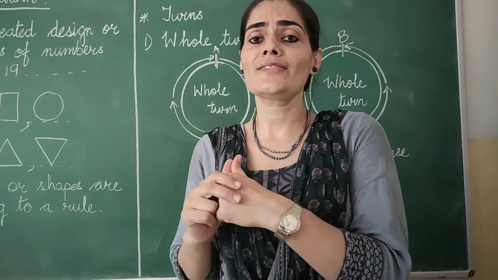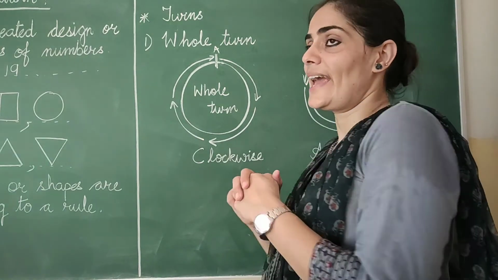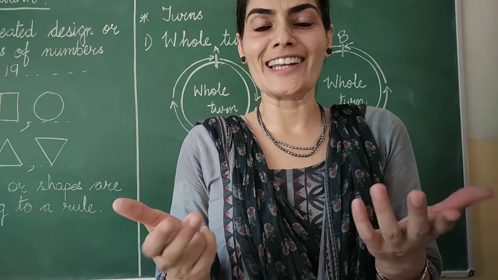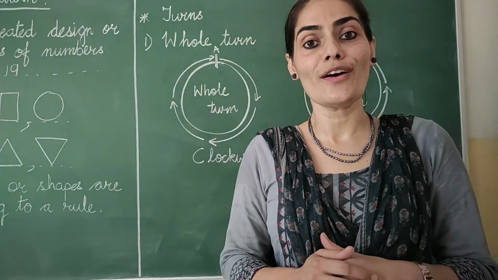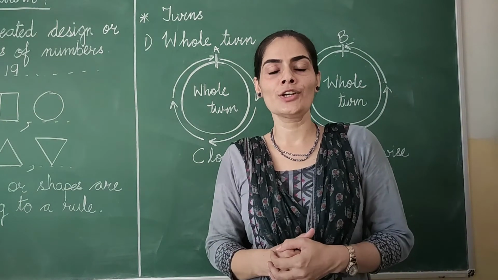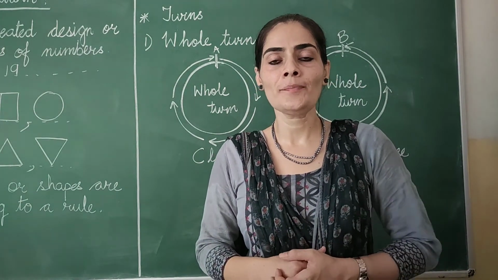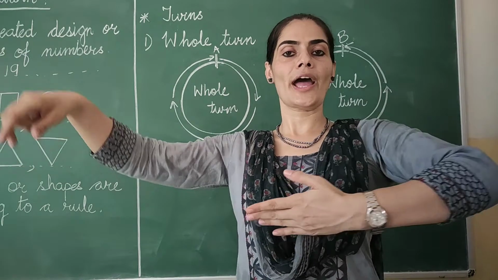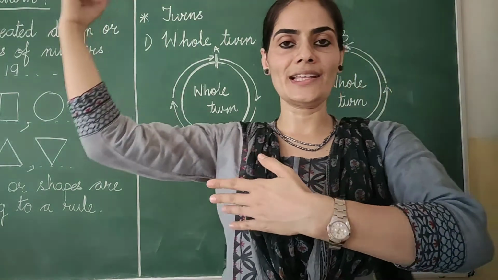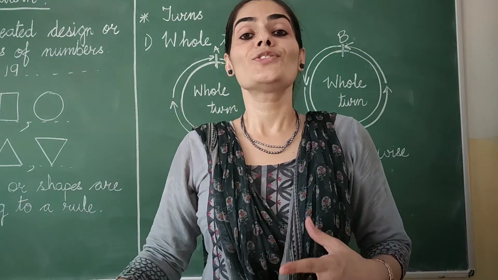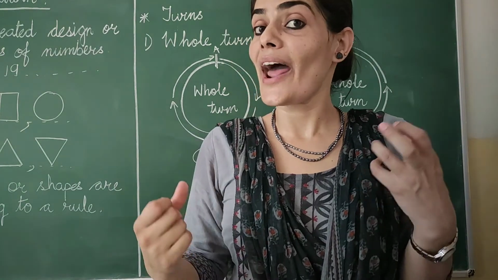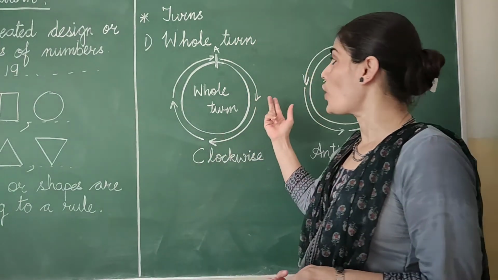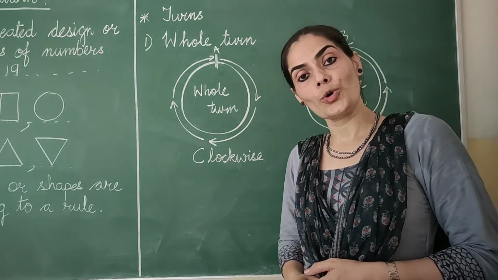Then you might have seen kids rotating like this. So what is that? That also is an example of one whole turn. You might have seen the ballet dancers also, and they take one whole turn like this. So these all are practical examples of one whole turn.